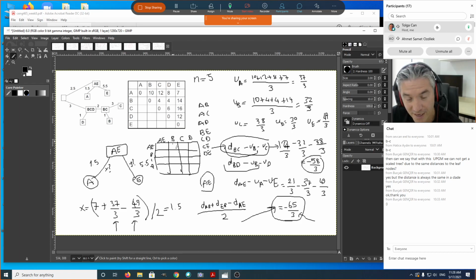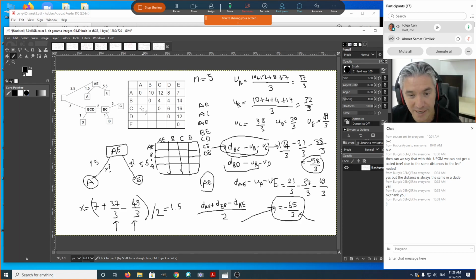So the distance of AE to B is given like this, which means that this one, if you remember, was X plus Z, this is Y plus Z, this is X plus Y. So if you subtract DE from it, you get the X and Y components from these distances by subtracting AE from here. The only remaining thing is Z components, and twice the Z components are here. So you divide by 2 to get your answer.